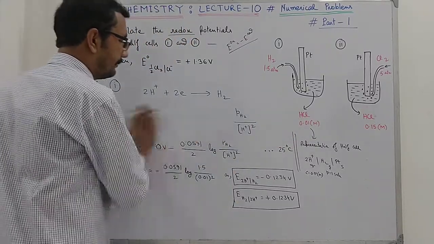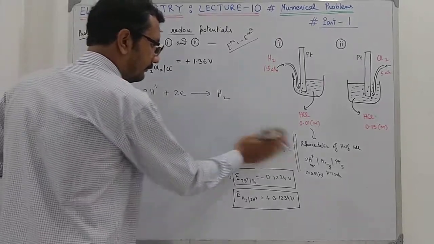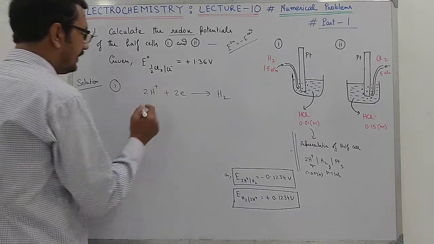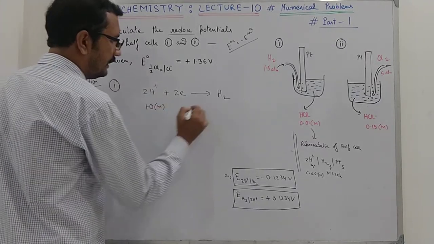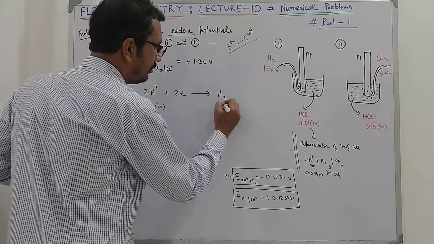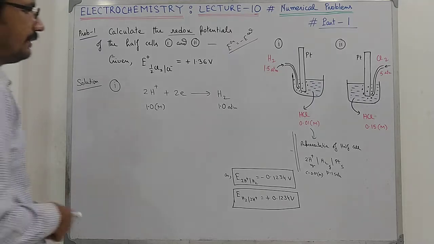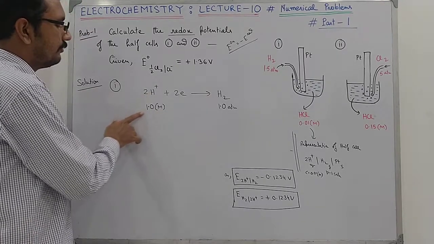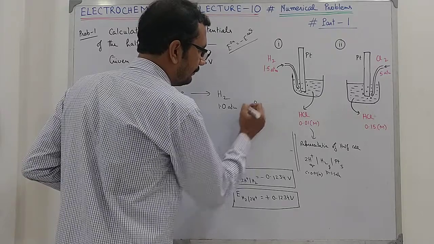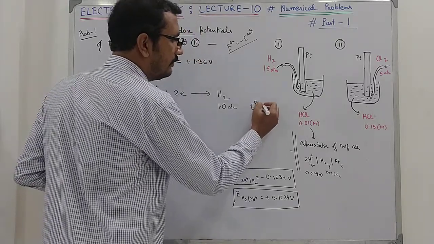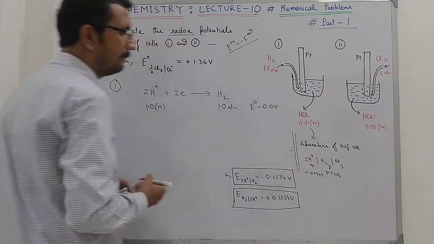So let us judge the thing. When you keep it as 1.0 molar and you keep it as 1.0 atm, that is, you keep pressure of hydrogen to be 1 atm and you keep concentration of H plus to be 1 molar, then it is giving you the standard state and it is 0.0 volt.